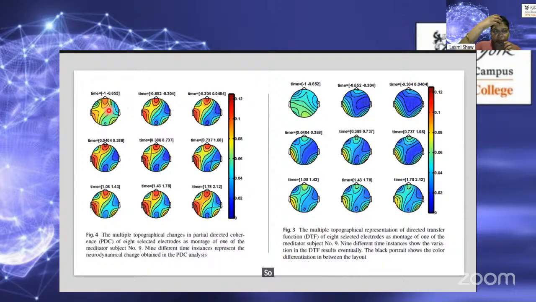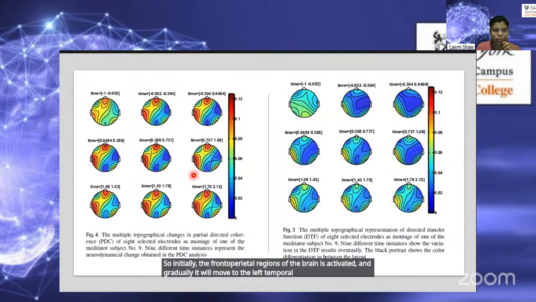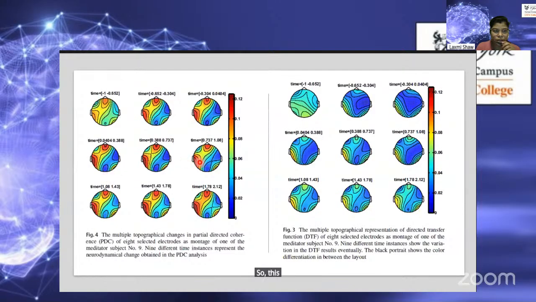Initially the frontoparietal regions of the brain are activated, and gradually it moves to the left temporal regions. So this transition shows the information flow or neural activations during meditation.